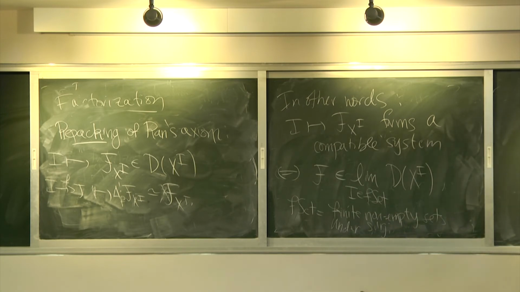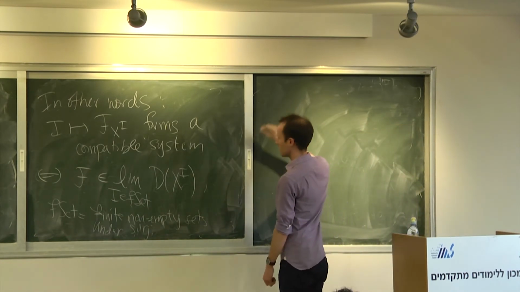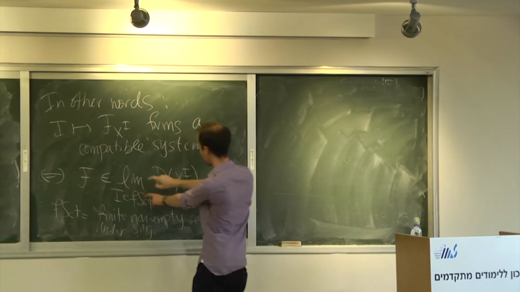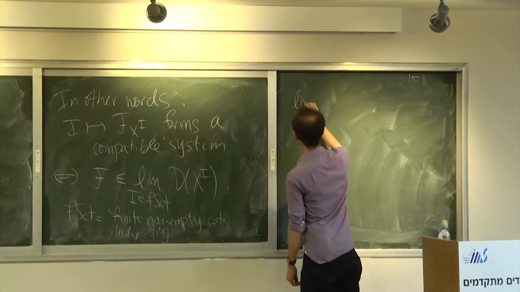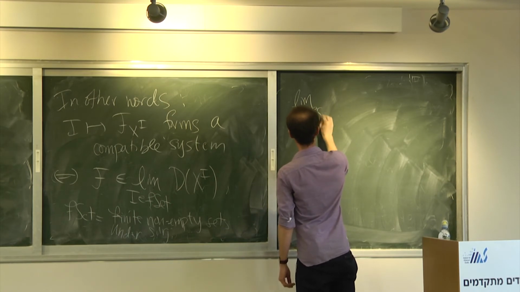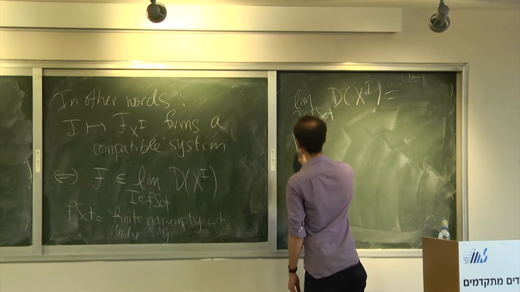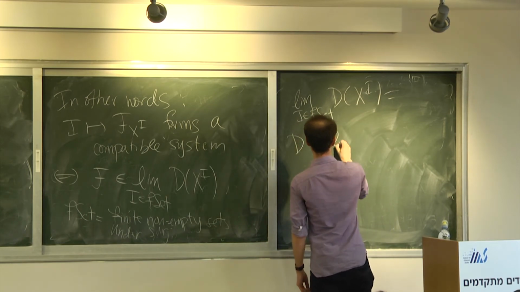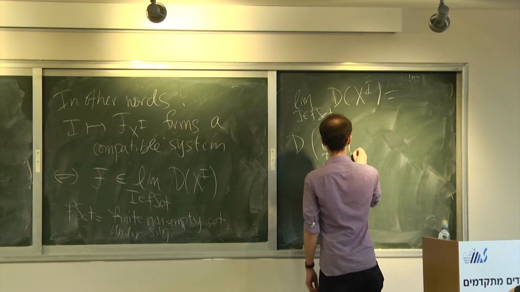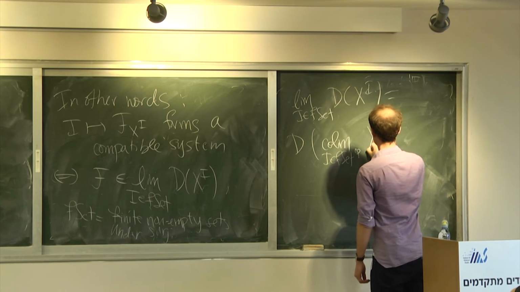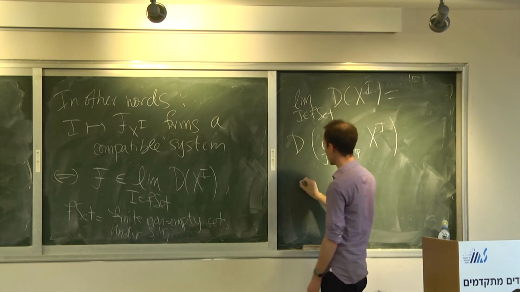And we can repackage this again. So this is the limit of some categories of D modules. What that looks like is D modules on the pre-stack, which is the colimit under I in FSet of x to the I. So this is a colimit formed in pre-stacks.